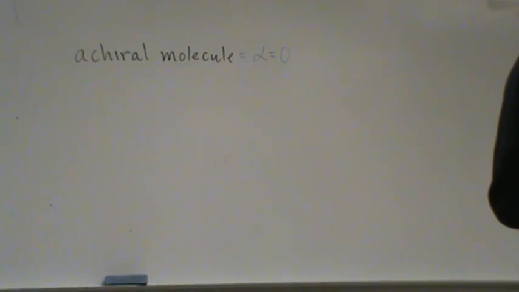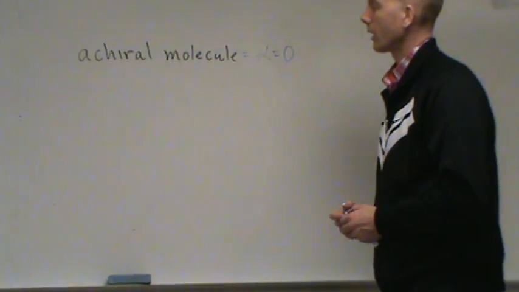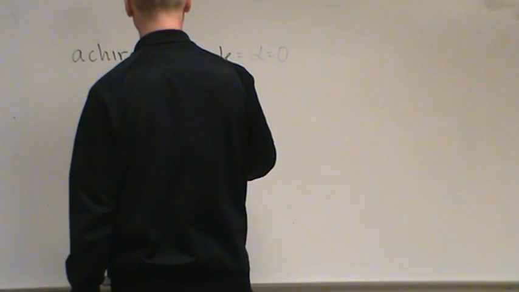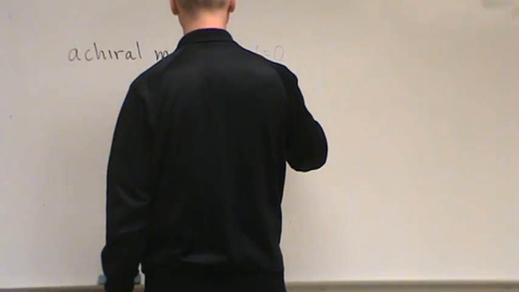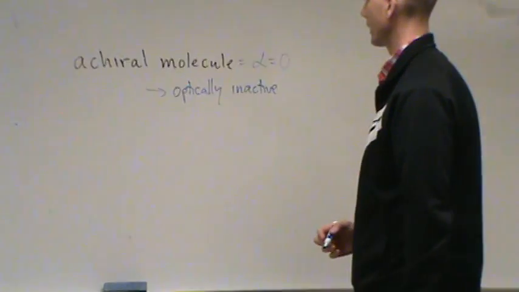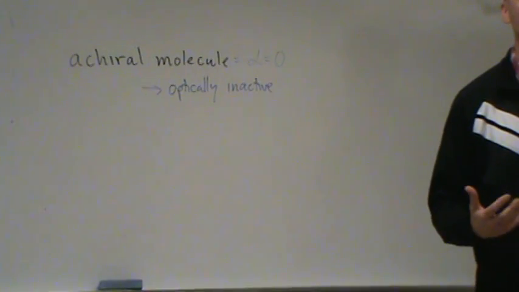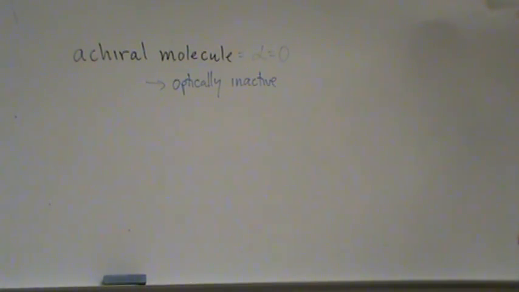So polarimetry is an easy way I can tell if I have a chiral molecule or an achiral molecule. And since the alpha is 0, we then say it's optically inactive. So optically active is only if it rotates plane polarized light.